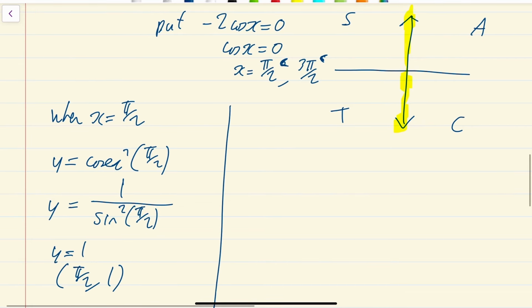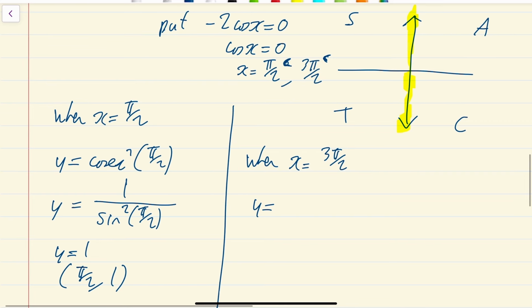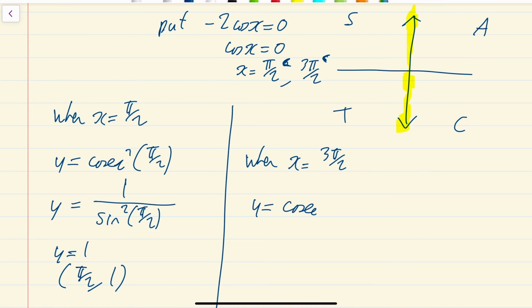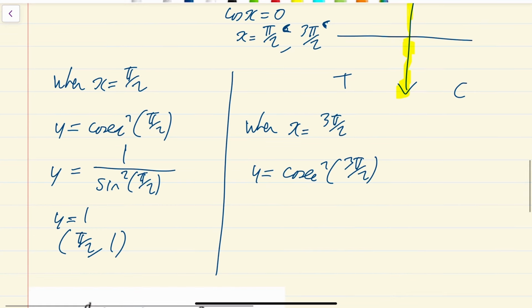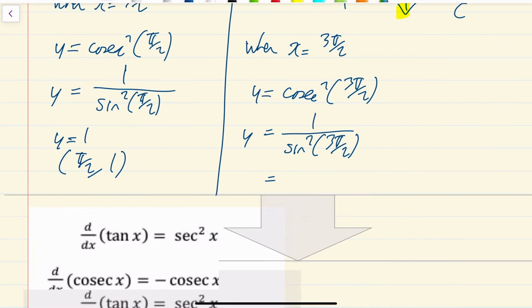And also, we'll say when x is equal to 3 pi over 2, y is going to be equal to cosec squared of 3 pi over 2. So that is going to be equal to 1 over the sine squared of 3 pi over 2, and go through that same process on your calculator to get that.